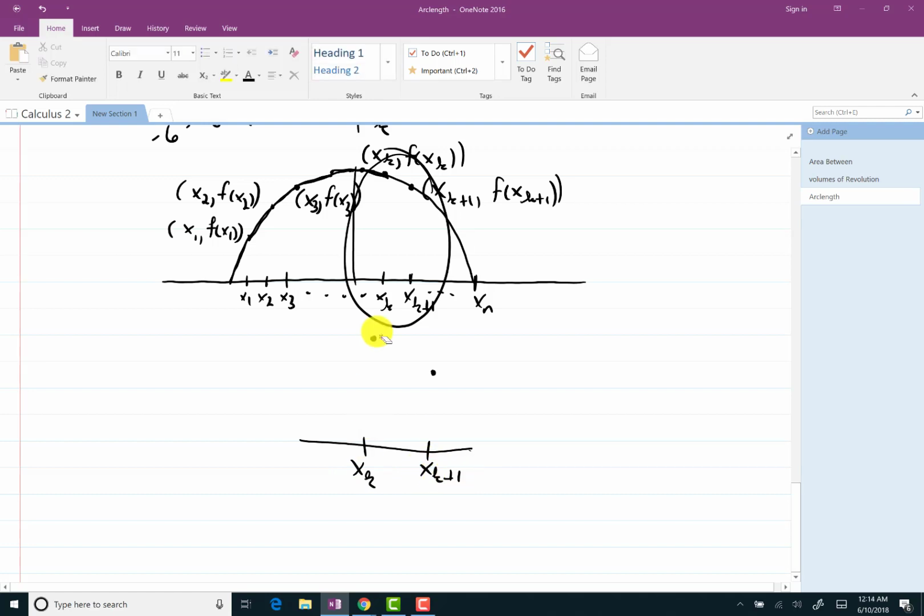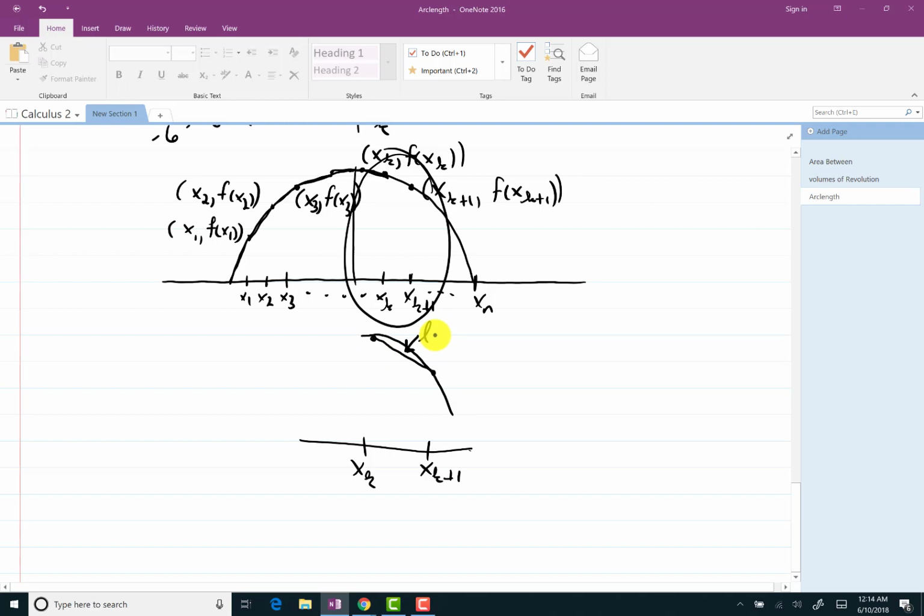Better. So what I really want is the length of that. The curve, the circle, comes in something like this maybe. But anyways, what's the length of that hypotenuse? Let's call that L. Well, let's see what we have here.